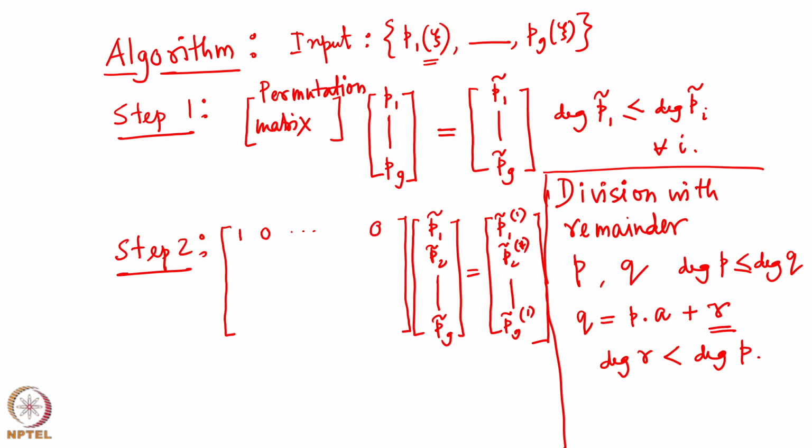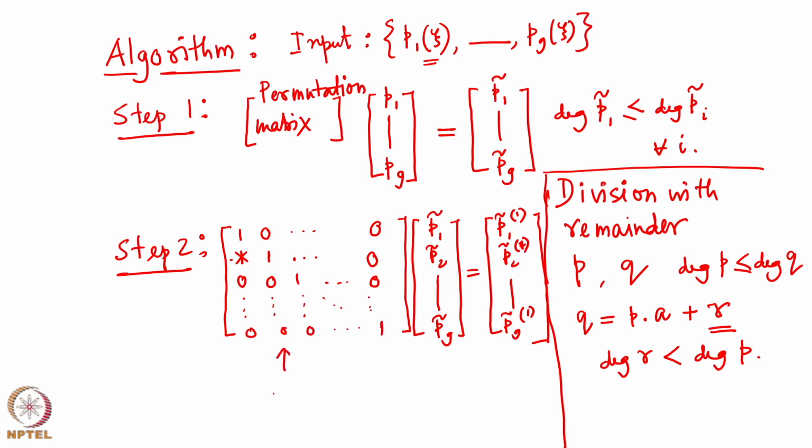What is the second row of the unimodular operation? The second row is changed to the second row minus the quotient times the first row, right? And that is going to be some polynomial here. I am going to write just a star here because this star is possibly a non-zero polynomial. Everything else remains the same. So I hope you see what is going on here.